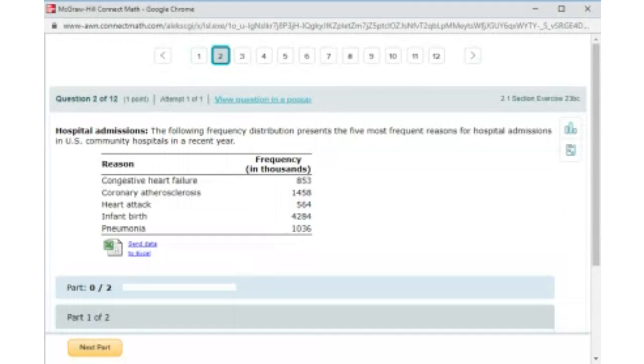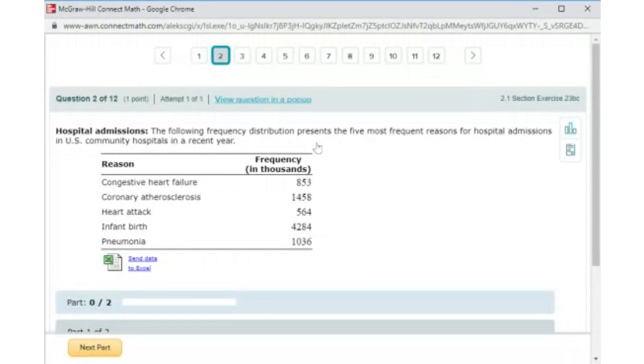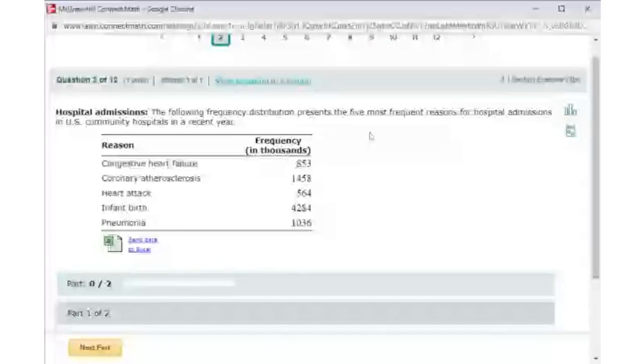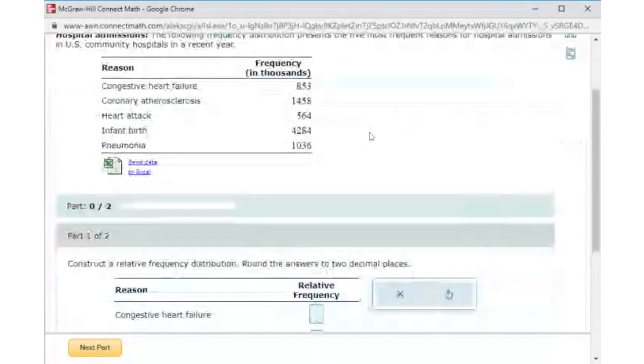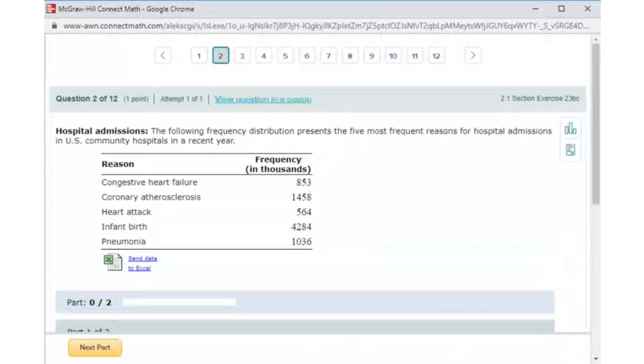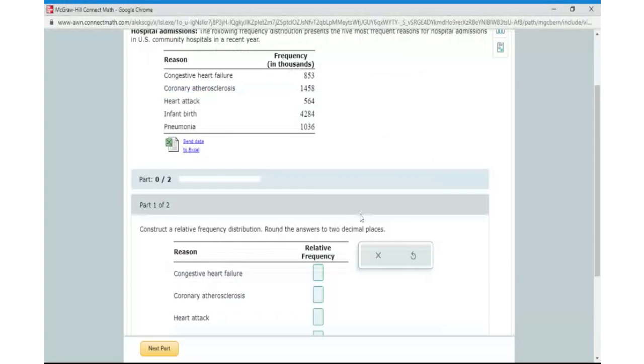All right. Is everybody all right on the frequency distributions? Do you want to work through one of these? Basically, I'll boil it down to what you've got. You're going to have to find the total.